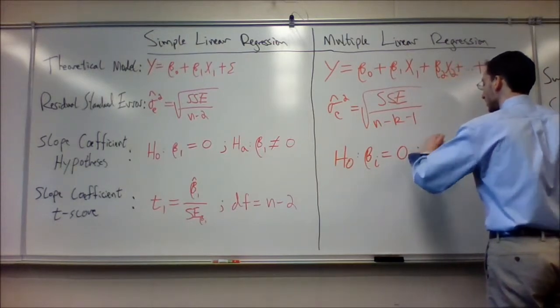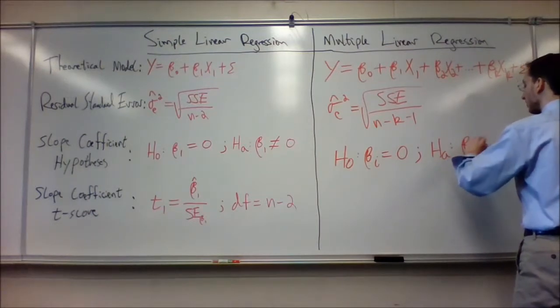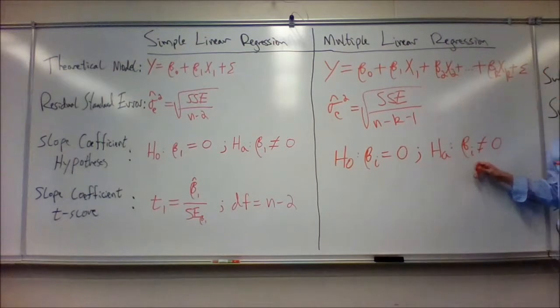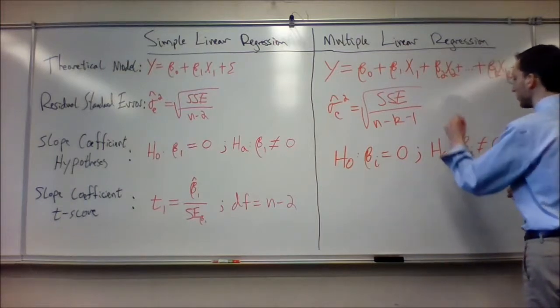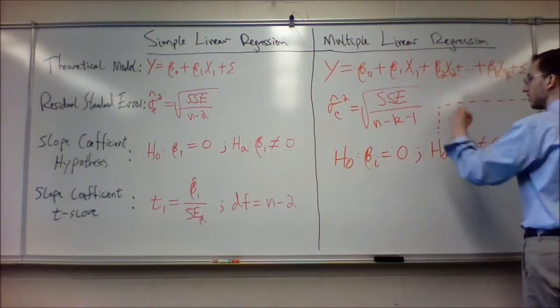And obviously, the alternative hypothesis is that this beta, this population slope coefficient, is not equal to 0. So what you could do then naturally is write out some, I'm just going to improvise over here.